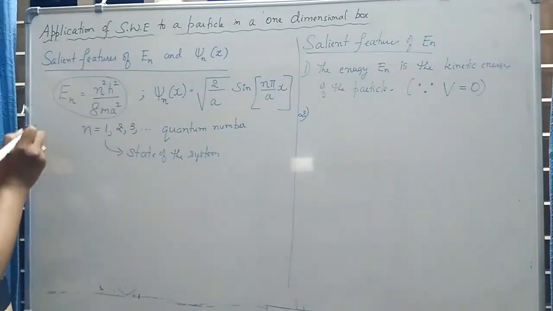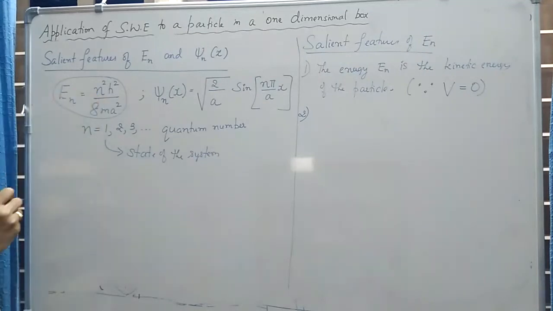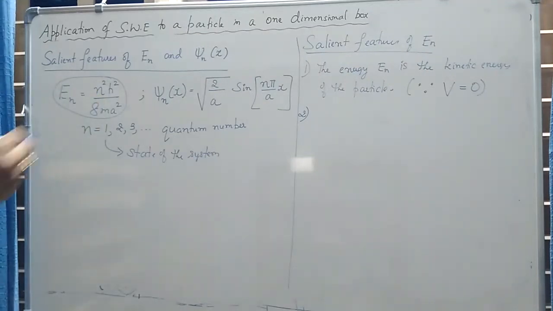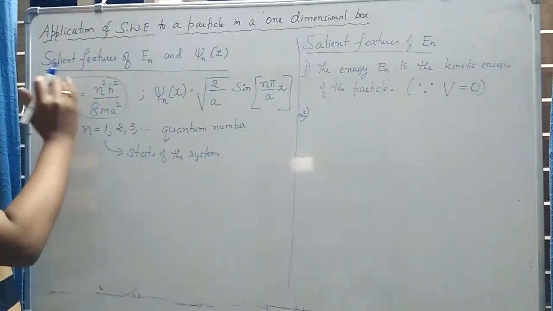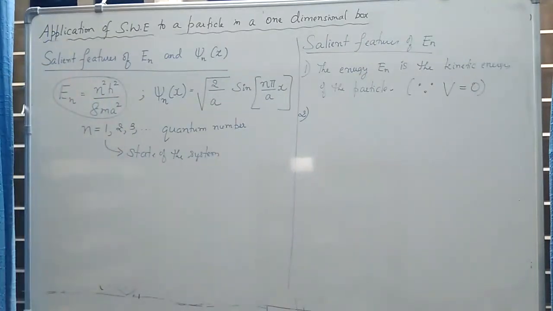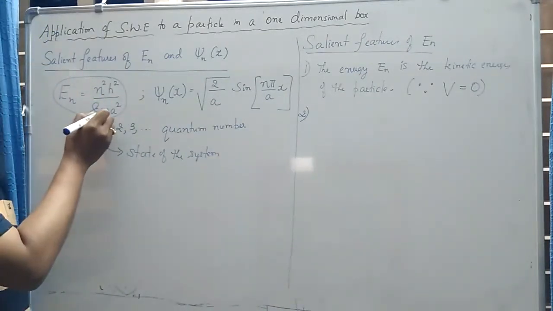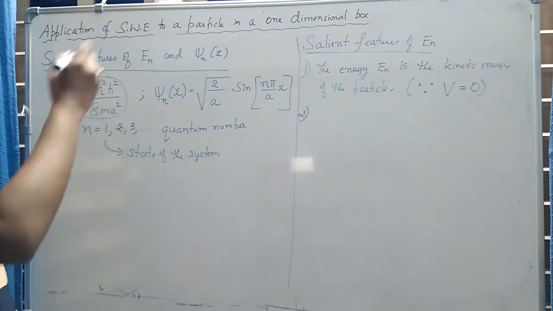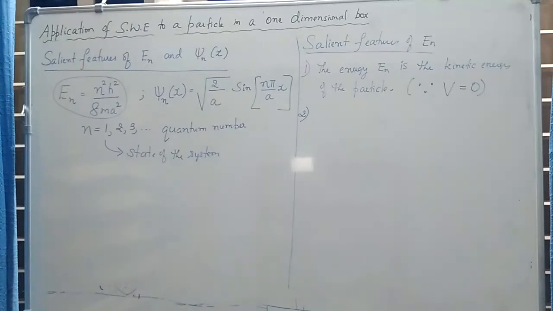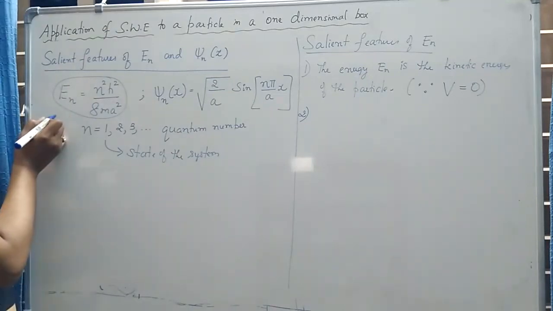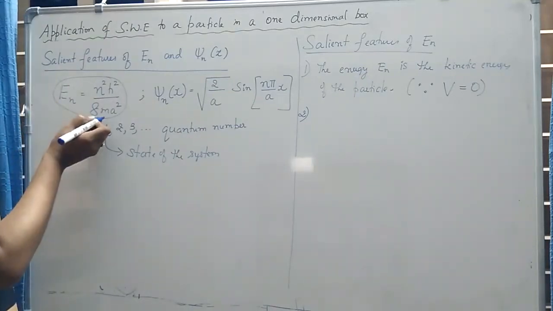This energy depends on the value of n. By substituting different values of n, keeping other things constant, I can vary the energy of the particle. Similarly, if I change the mass, that means if I replace one particle by another particle having different mass, the energy changes. So energy depends on the mass of the particle.